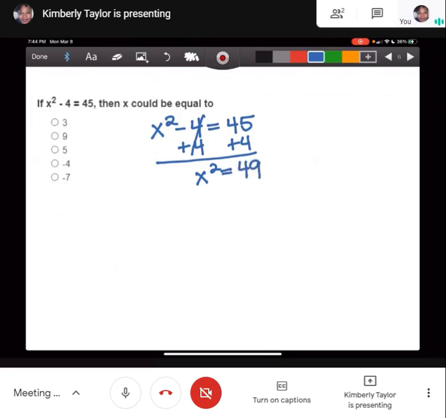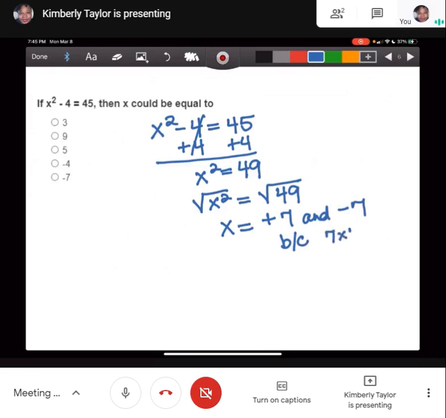Now with this, you have to create two equations. You're going to get two answers, okay? When I take the square root of x squared and set that equal to the square root of 49, I get two answers for x. I get x equal to plus 7 and x is equal to -7, because 7 times 7 is 49, and -7 times -7 is also 49.